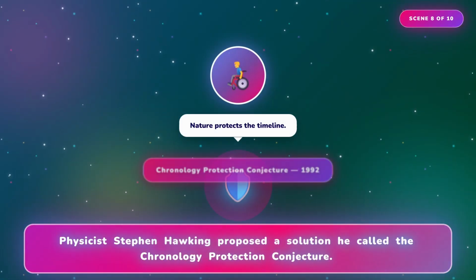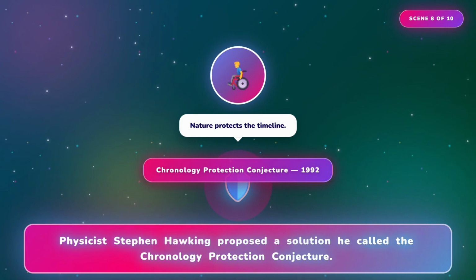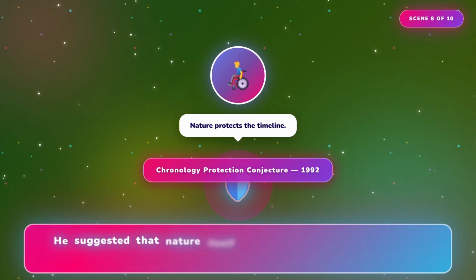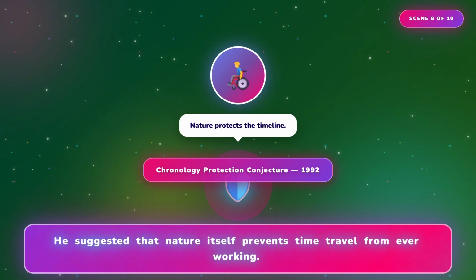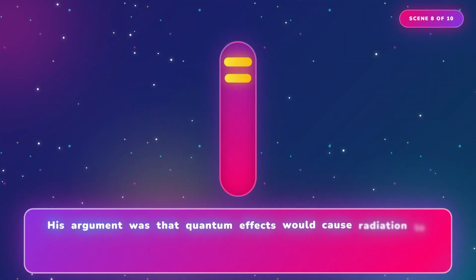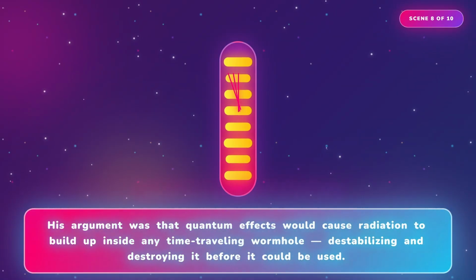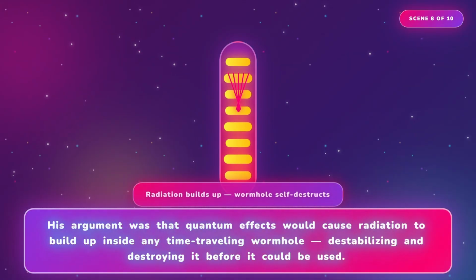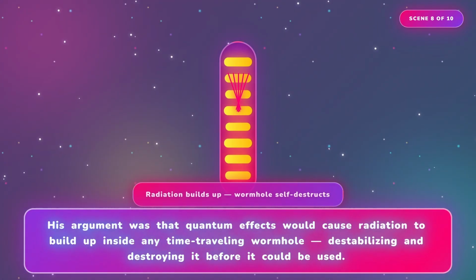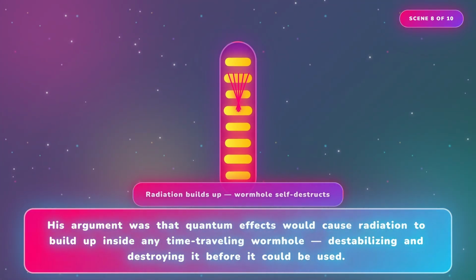Physicist Stephen Hawking proposed a solution he called the chronology protection conjecture. He suggested that nature itself prevents time travel from ever working. His argument was that quantum effects would cause radiation to build up inside any time-traveling wormhole, destabilizing and destroying it before it could be used.